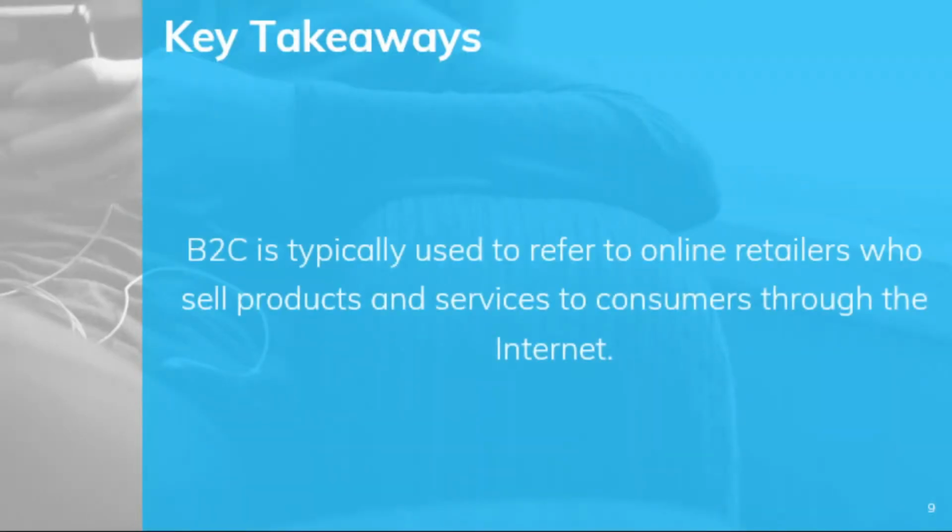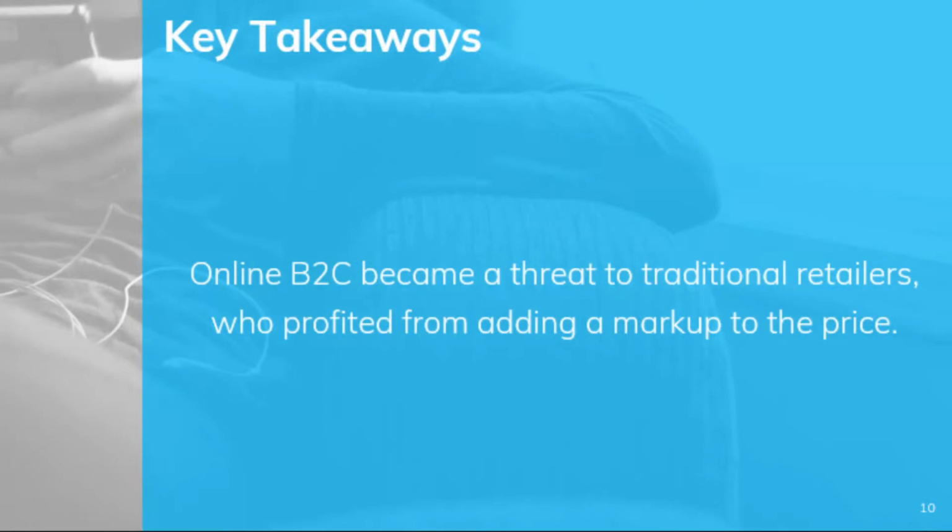The second takeaway is that B2C is typically used to refer to online retailers who sell products and services to consumers through the internet. Then we have the third takeaway, which states that online B2C became a threat to traditional retailers.